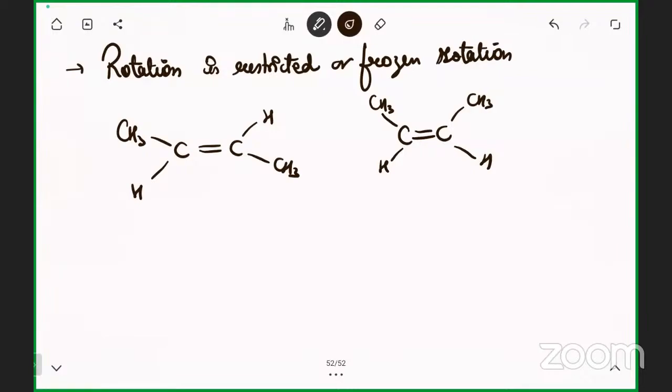Which one is cis form, left or right? This is cis form and this is trans form.